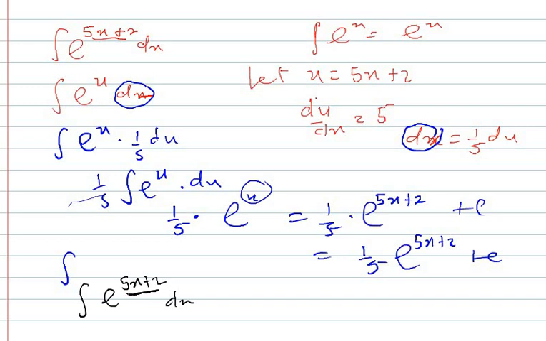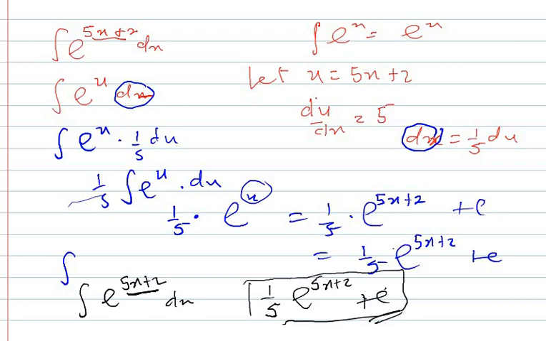The differential of this is 5, then take the inverse, that's 1 over 5, times the integral of this. So the integral of this is the same, e to the 5x plus 2 plus c. So as you see, this is similar to this.